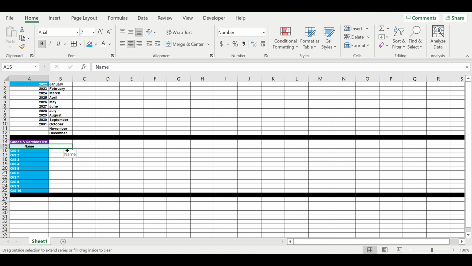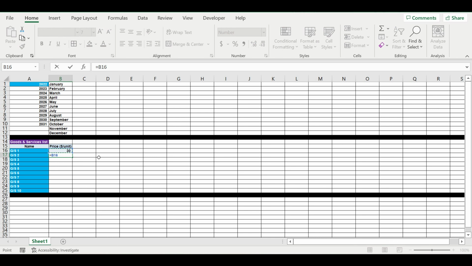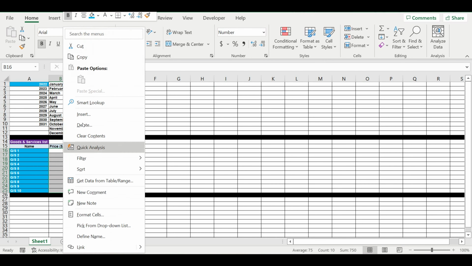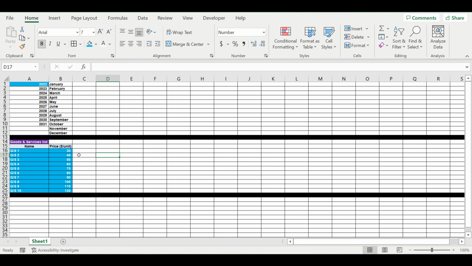So now what we're doing, we are setting up the price, dollar per unit of a good or a service. Then we will later need to include or exclude different goods or services from our calculations.